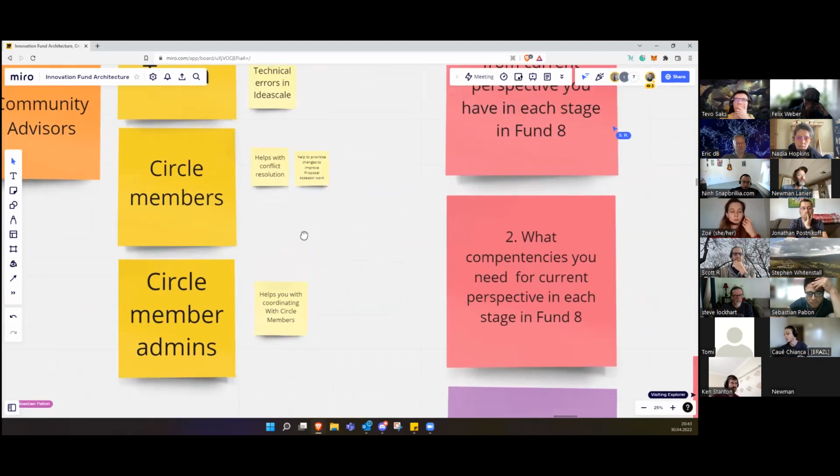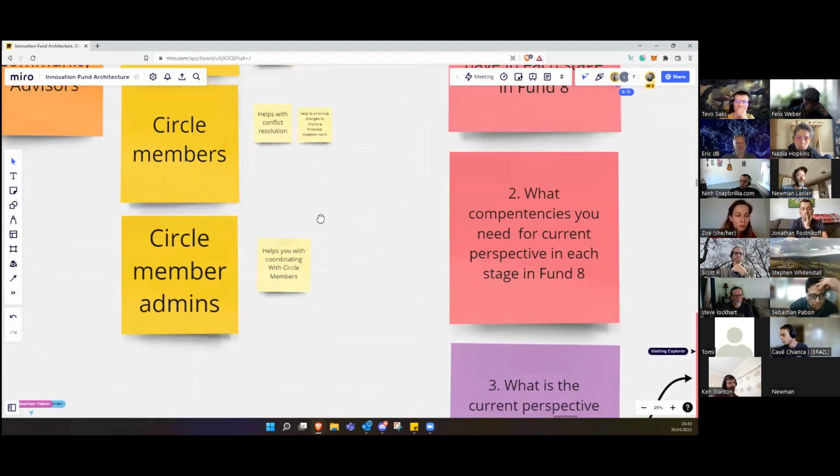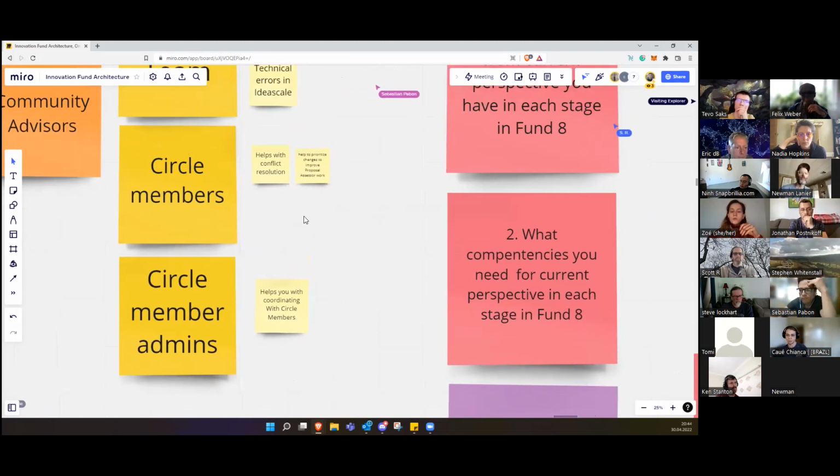Nadia, maybe you want to chip in here. If it's related to a particular scope of representation, like community advisors, then it usually devolves back into that community. So the community advisor community would work on it, for example. Circle reps should just push forward problems. They shouldn't really manage them. That should be for the community to work on. That's how it's been so far, or should be so far.